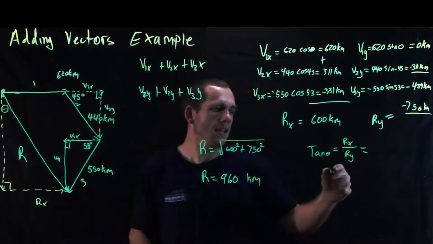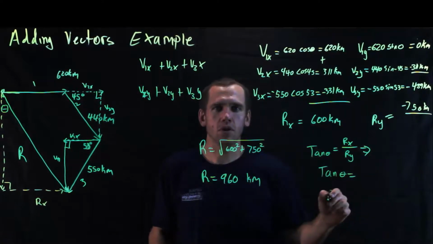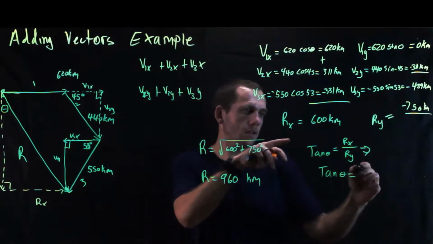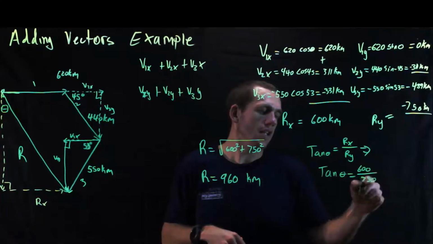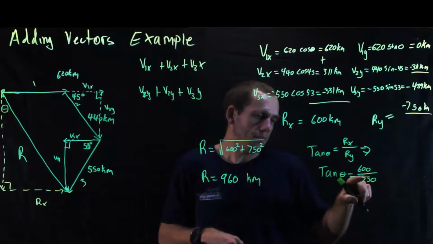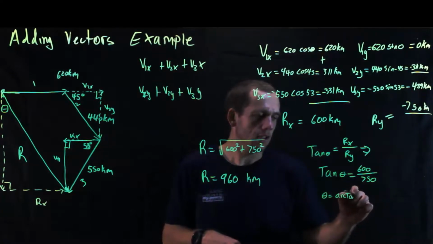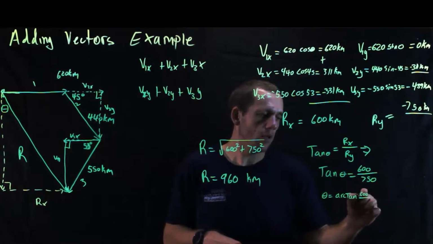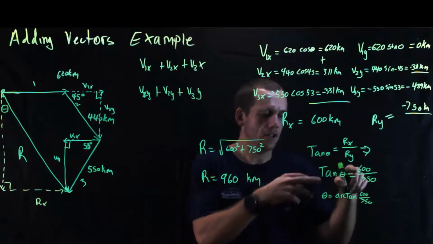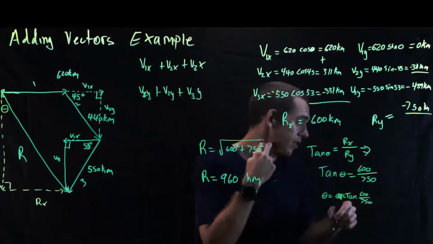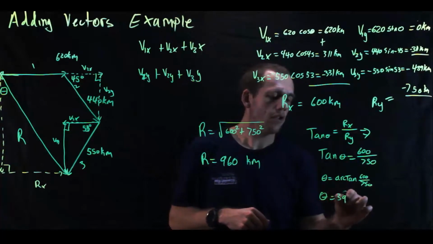So now what I'm going to have is that the tangent of theta is equal to x, 600, divided by y, 750. Now that tells me that theta is actually equal to arctangent 600 over 750, right? Because if I apply arctangent to both sides, the arctangent of tangent is theta, and the arctangent of 600 divided by 750, so theta is equal to 39 degrees.